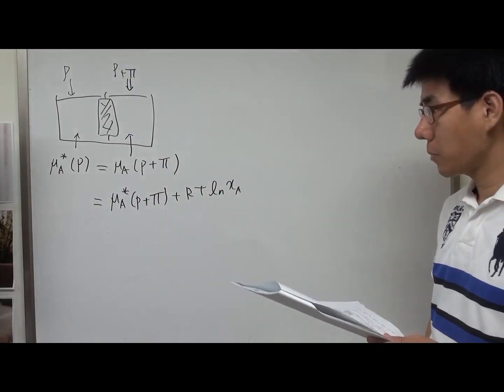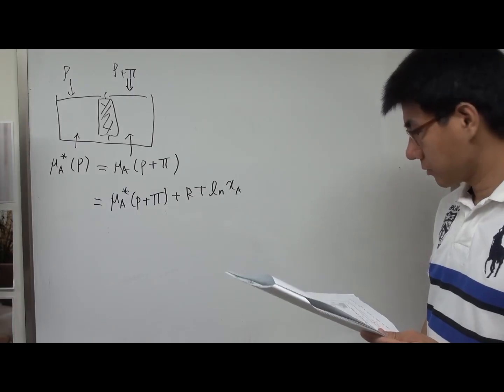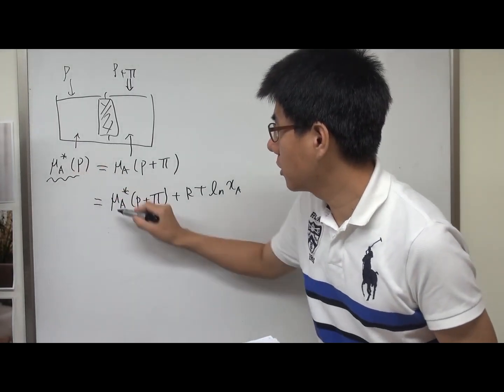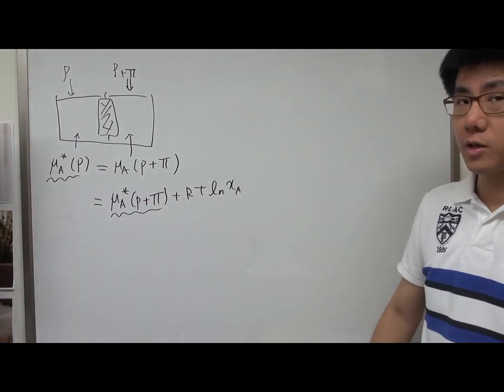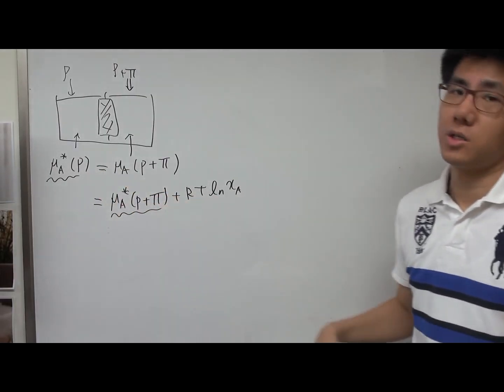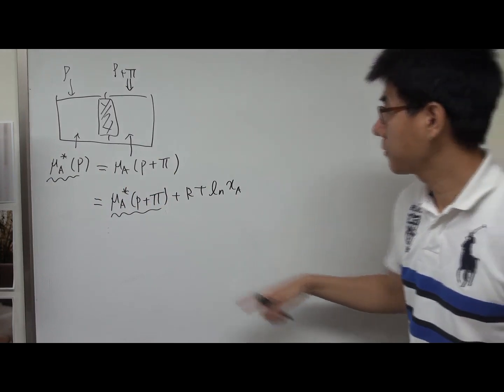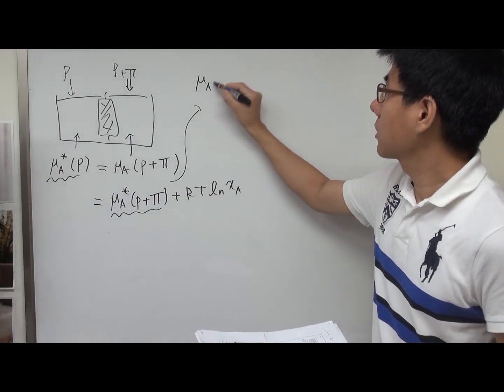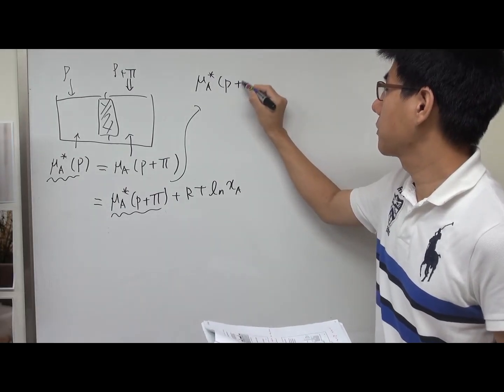Simple, right? Another important thing is the chemical potential of pure solvent, but at a different pressure, P plus pi.